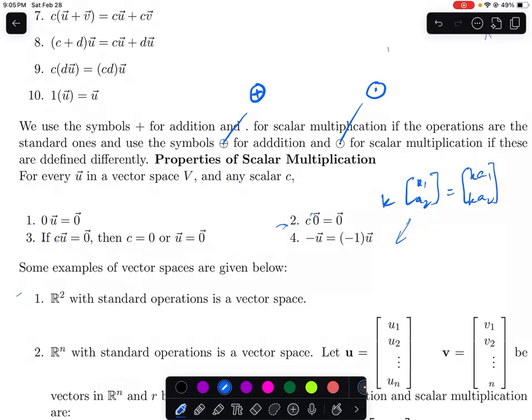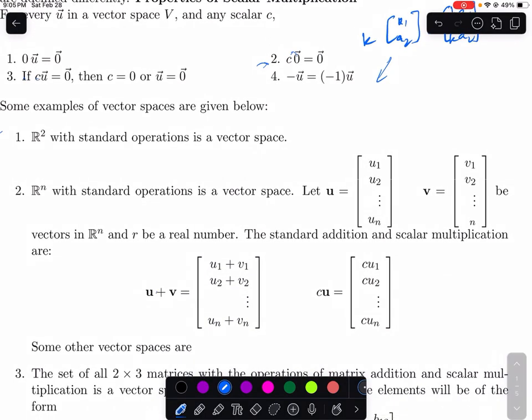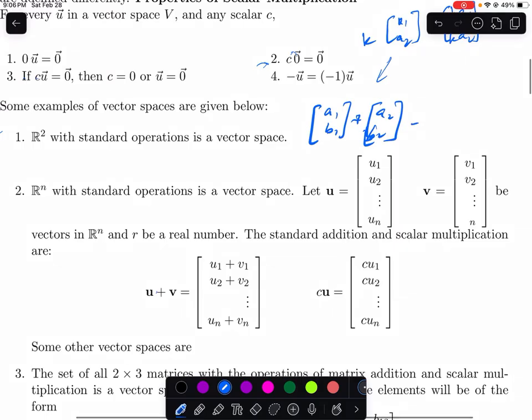Some examples of vector spaces are given here. R2 with standard operations is a vector space. So what are the standard operations? If you have A1, B1 plus A2, B2, these are two vectors from R2, and we add them, we get A1 plus A2, B1 plus B2.